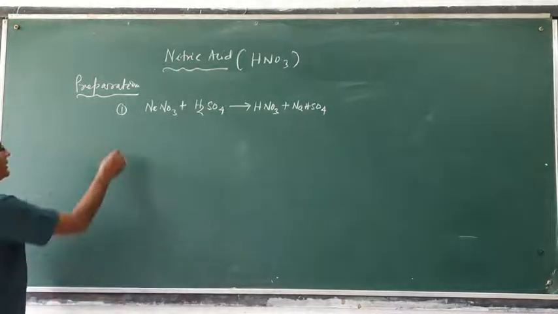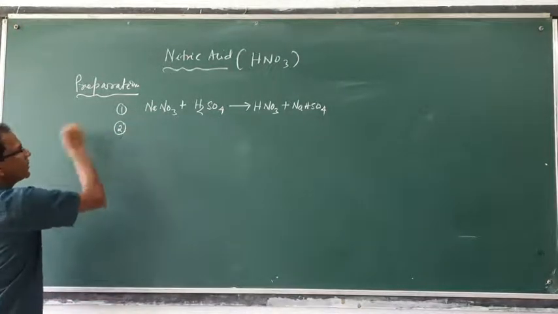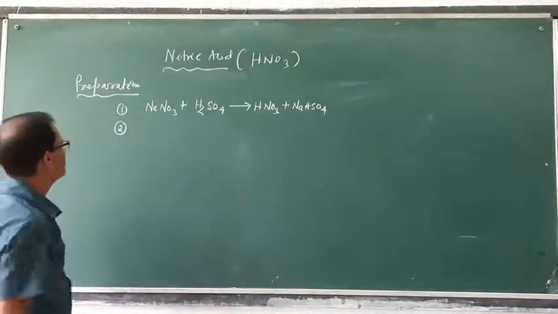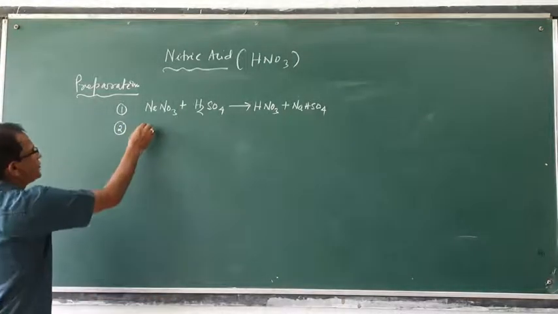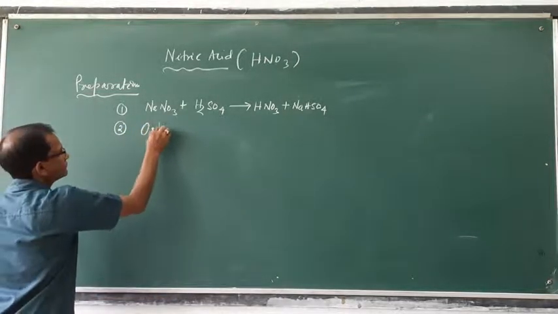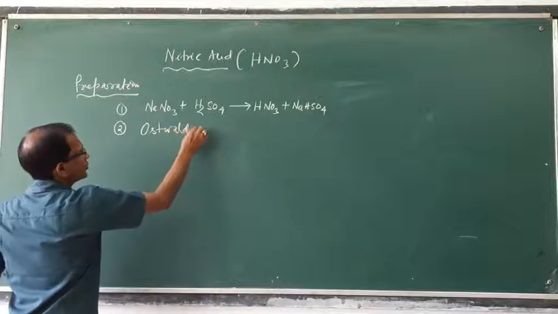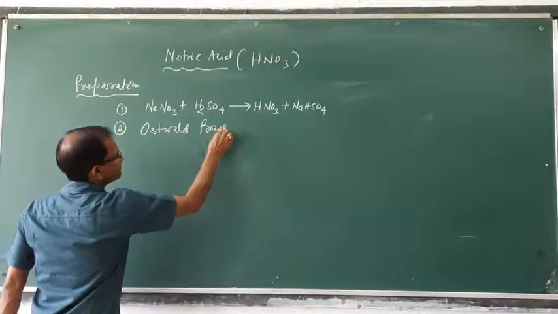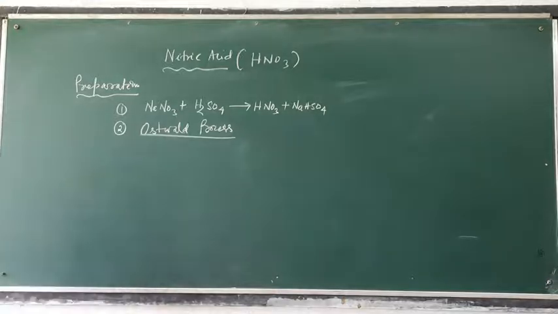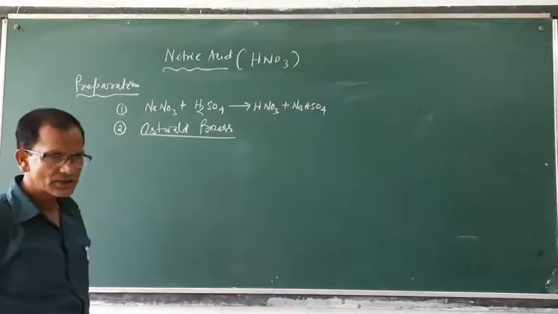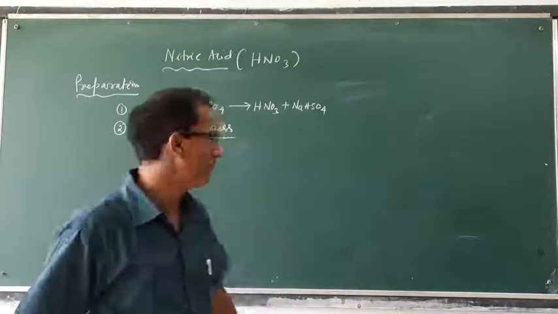Then what is the industrial method? The industrial method is very important. The industrial method is the Ostwald process. This process is mainly used in the preparation of concentrated nitric acid.